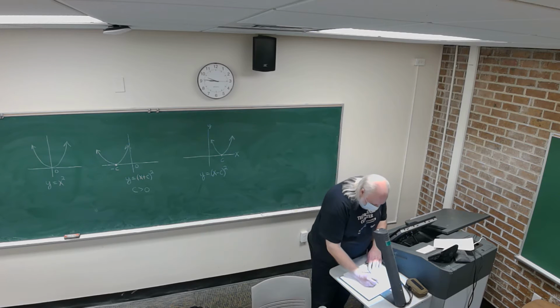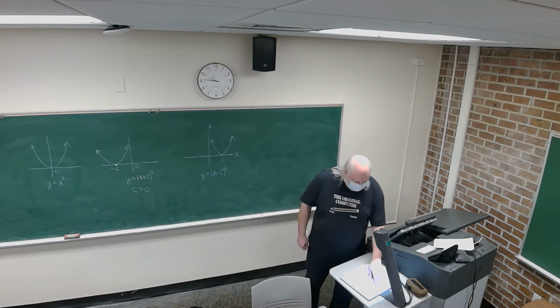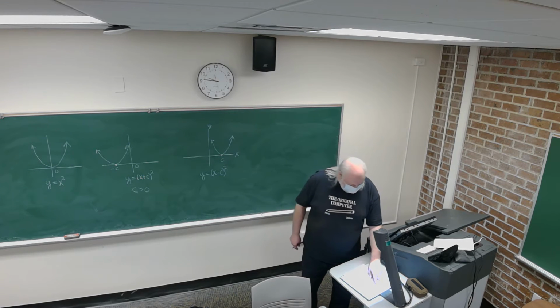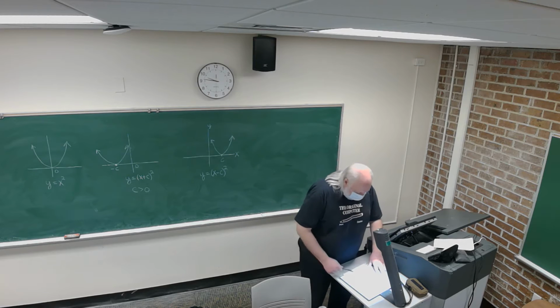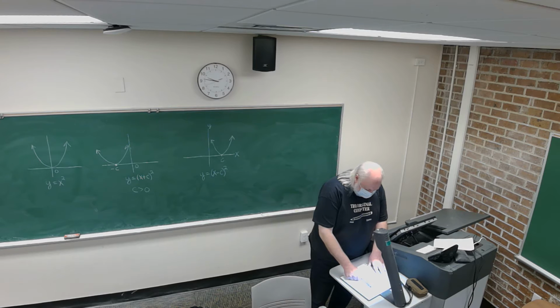So we have our beginning function y equals f of x, and now we're going to multiply that function by a positive real number c. The shape of the graph of this function c times f of x is the same as the graph of f of x, but with a change in vertical scale.